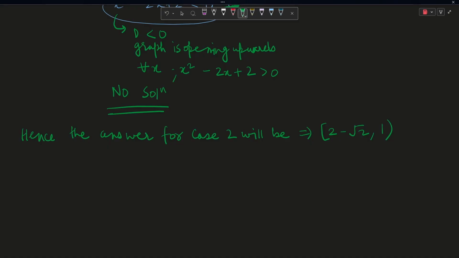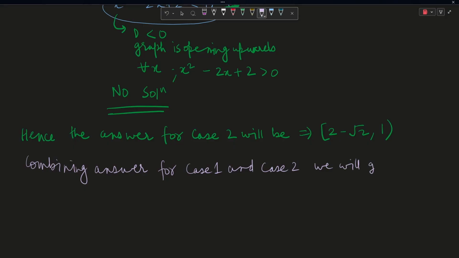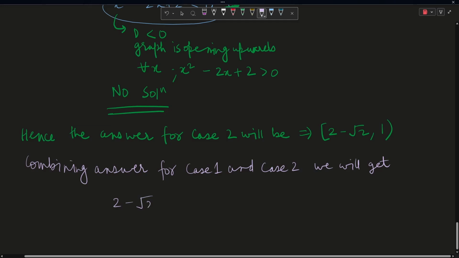So we will be doing the union, because we are unaware of what the base is. So combining the answer for case 1 and case 2, we will get 2 minus root 2 to 1, union.